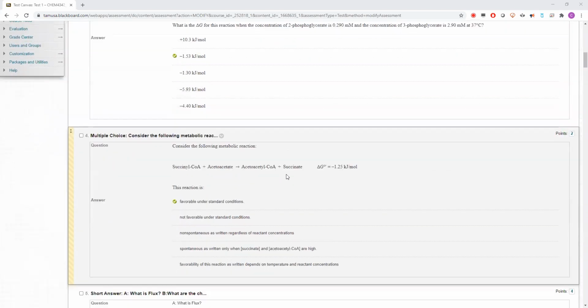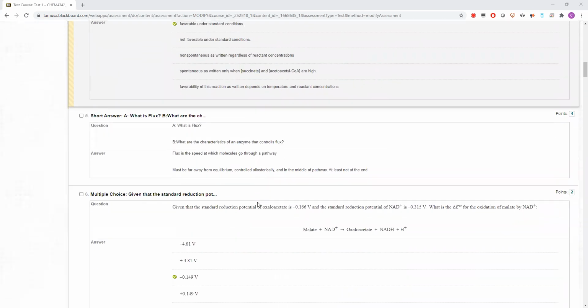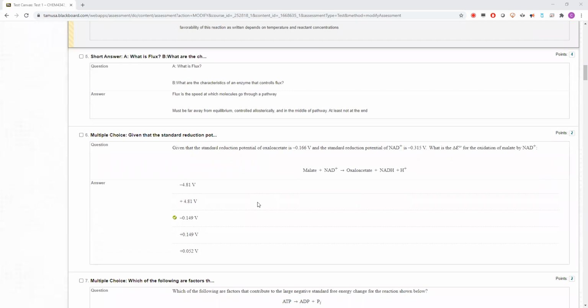All right, so consider this reaction negative, so favorable under standard conditions. Now number 6: given the standard reduction potential of oxaloacetate is negative 0.166 and NAD is negative 0.315, what is delta E?